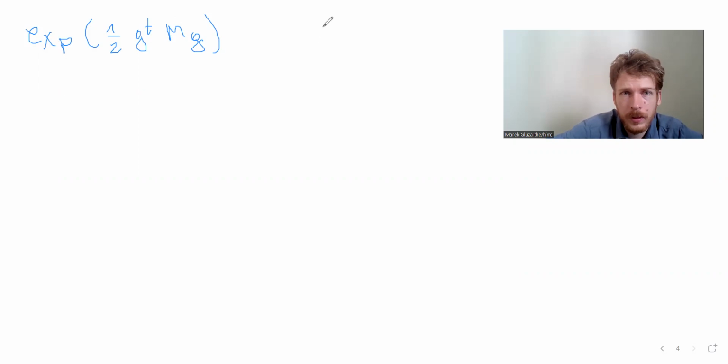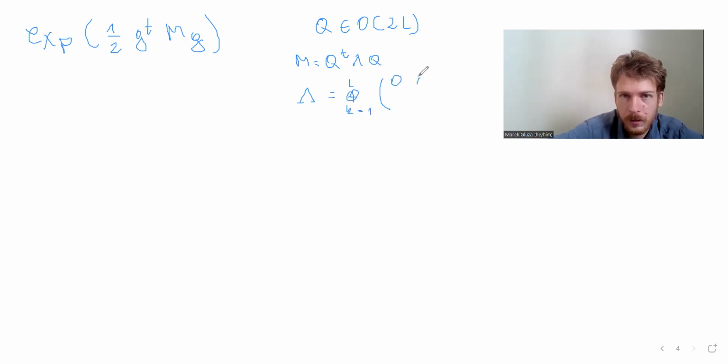And we can also search for orthogonal matrices onto L. And then you can always write your matrix to be Q transpose lambda Q. And that will be my matrix here, which means that lambda I can always put into this block diagonal form k equals 1 until L, and 0 lambda k minus lambda k here. This is a k.